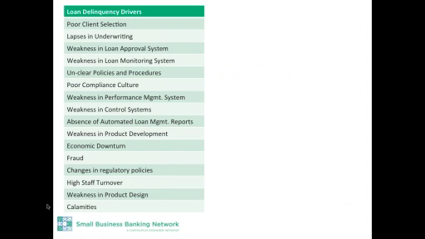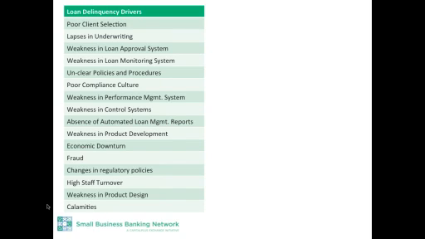So let's try to refresh our minds at this point on what are the loan delinquency drivers. Here we have listed about 16, although there are dozens of loan delinquency drivers. That would depend also on your circumstance, like the environment where you operate. Now, let's go through these 16 very quickly.